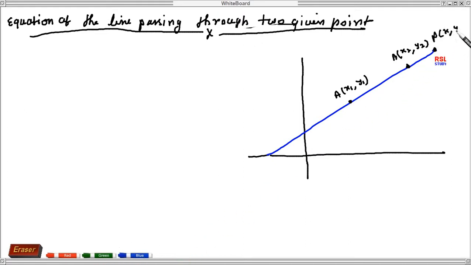Suppose there is a point P, whose coordinates are x comma y. And this blue line which is passing through the two points A and B is making an angle theta with the x-axis.